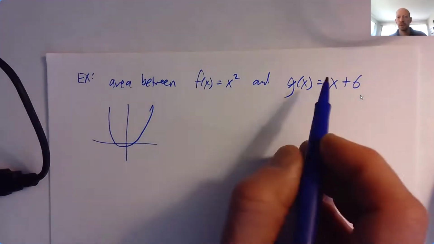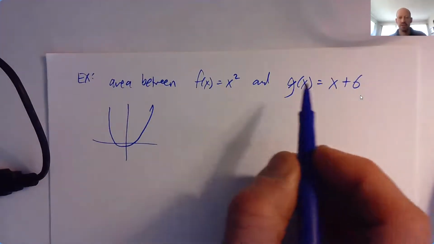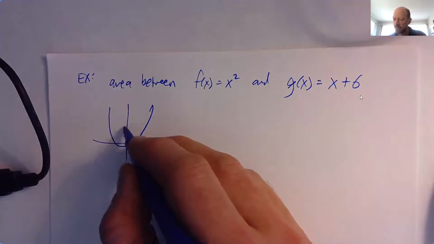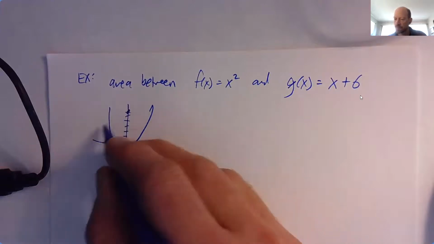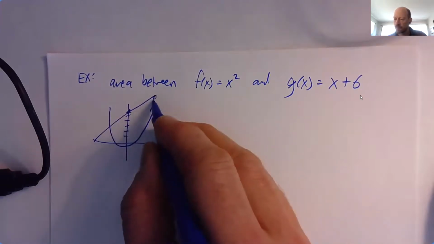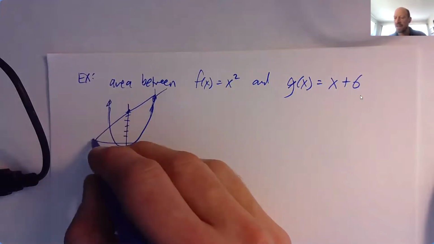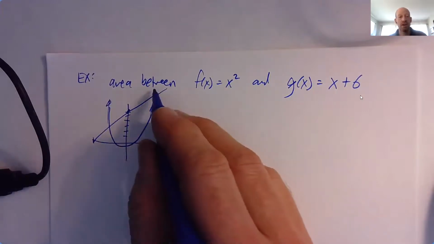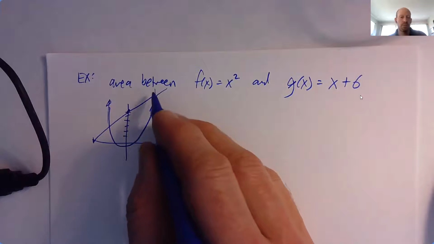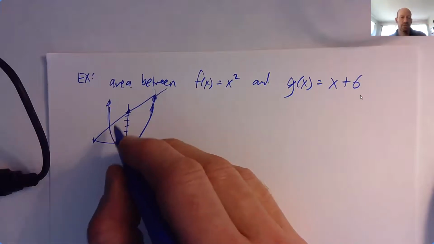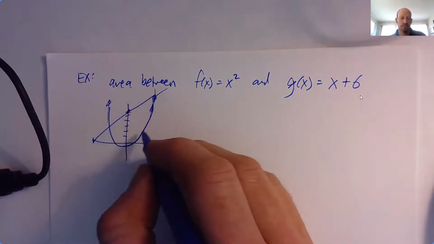So there's our x squared, and then g of x equals x plus 6. Right, I get something like that, and I can see that the bounded area, which is the only area I could calculate, would be this inner region here.